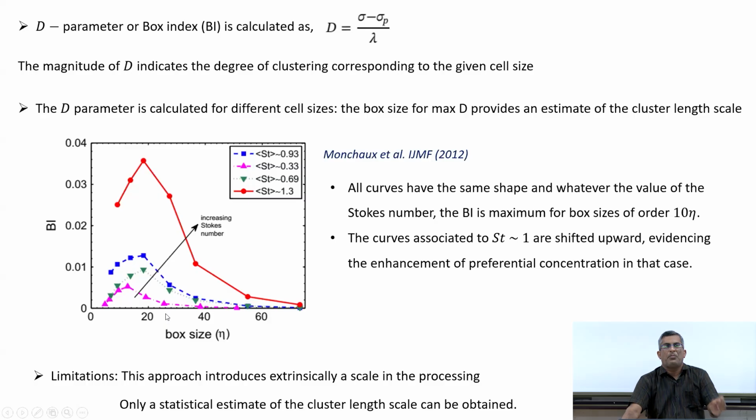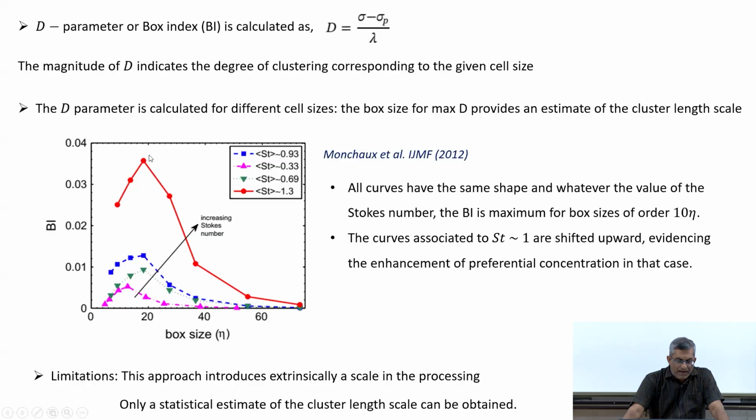Here the box size is expressed in terms of the Kolmogorov scale in this example. So, now you know at which box size the D parameter is maximum. For example, see here the D parameter is maximum and then it reduces. So, this provides you an estimate of the cluster length scale.